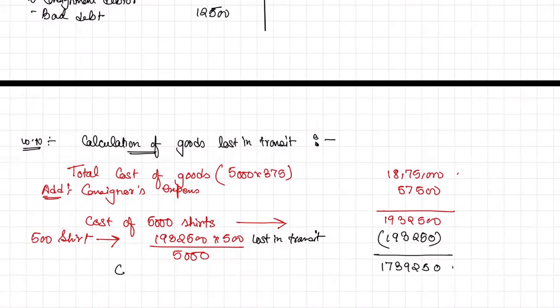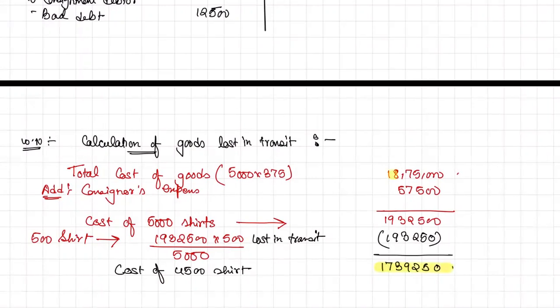Now can I say that this is cost of 4,500 shirts that were received by Zing? Correct. This value of these products was received by Zing.